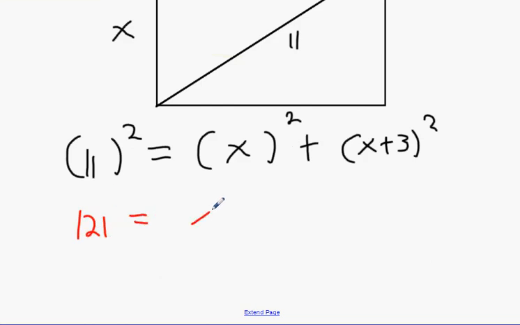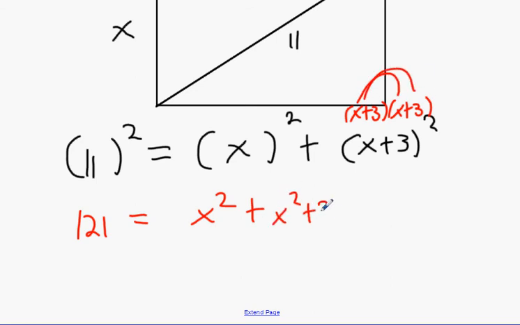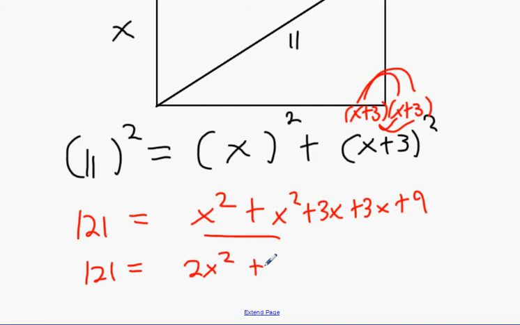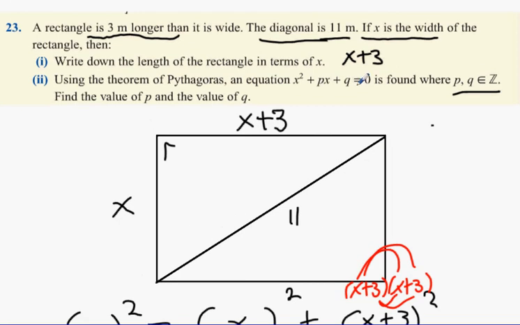121 equals x squared. And then this one here, x plus 3 and x plus 3. Right. And 121 equals 2x squared, yeah, plus 6x plus 9. Now, see the way they want it to equal 0? I have to make it look a lot more like this.